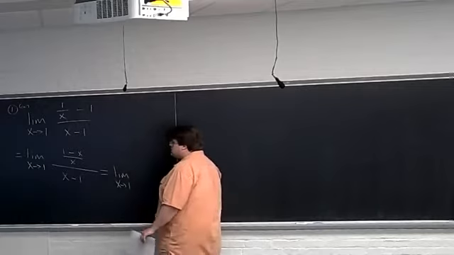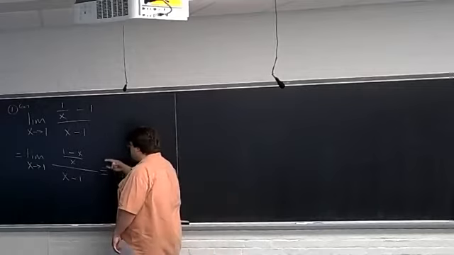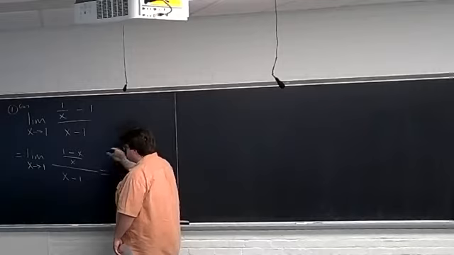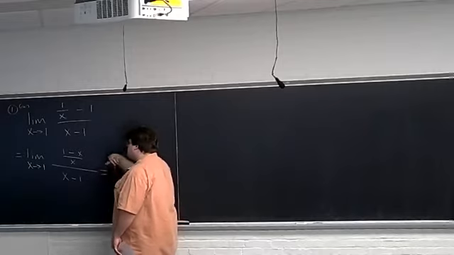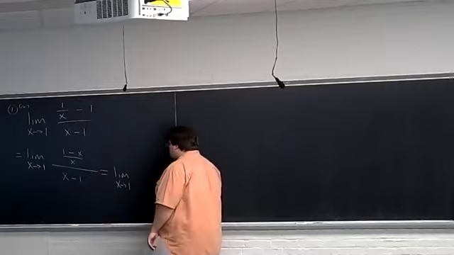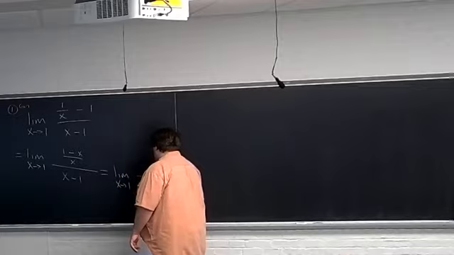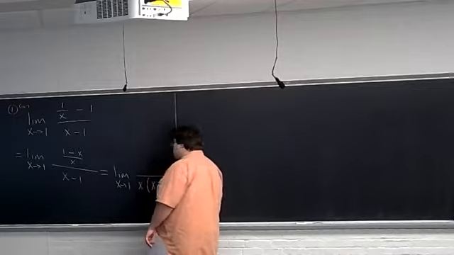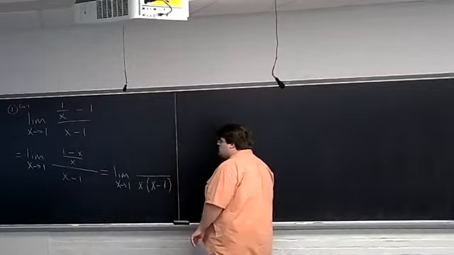And now we can write this as a single tiered fraction, 1 minus x all over x, divided by x minus 1, same as 1 minus x over x times 1 over x minus 1. So in particular, the denominator would become x times x minus 1.